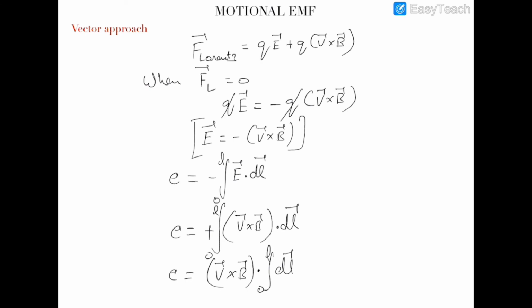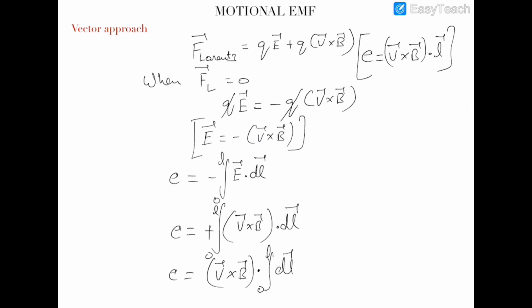Now this integral of dl from 0 to L will be L, and therefore EMF will be V cross B dot L. So this is the vector relationship, and you can see that the final product of these vectors will be a scalar quantity, and therefore the EMF is a scalar quantity.